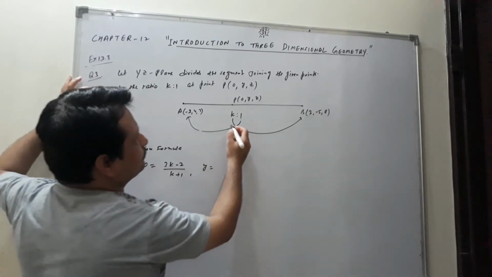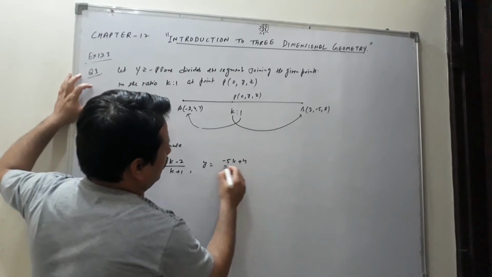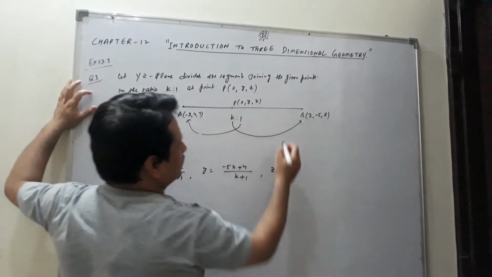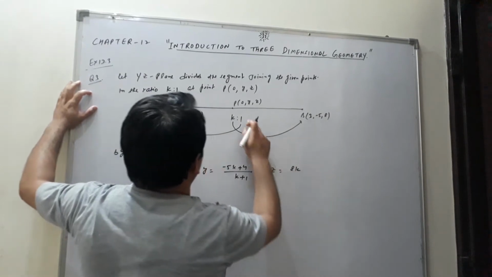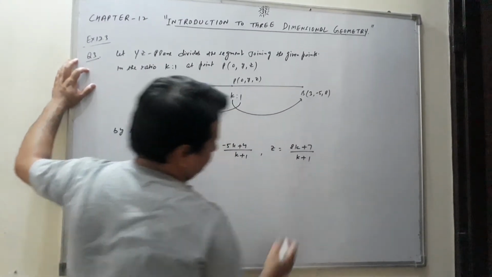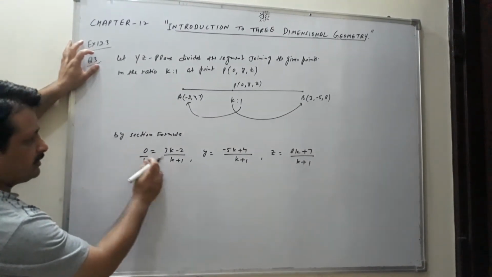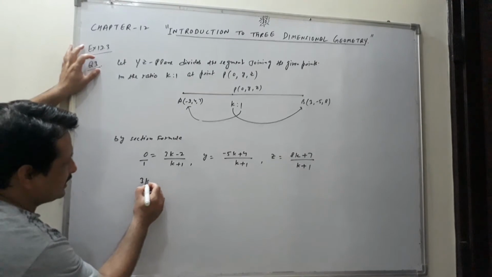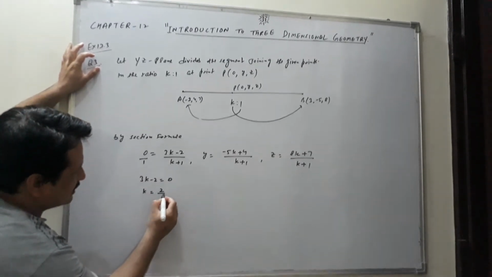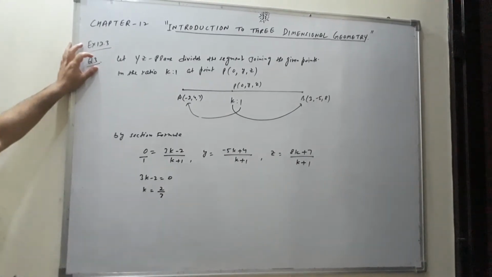Y is equal to minus 5k plus 4 upon k plus 1. Z is equal to 8k plus 7 upon k plus 1. This will come, students, from here, but you will see while we cross multiply it, it will come as 3k minus 2 that is equal to 0, or k will come as equal to 2 by 3. From here we can have the value of k then, students.